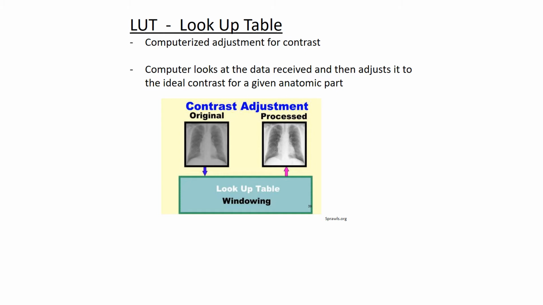Then I'm going to look at the contrast and adjust that using my lookup table. Basically, what the computer is doing is windowing. So that original washed out image all of a sudden turns into a nicer looking image. If you've worked with CR, you've seen this. It's happening in DR too, but it's happening very, very quickly.